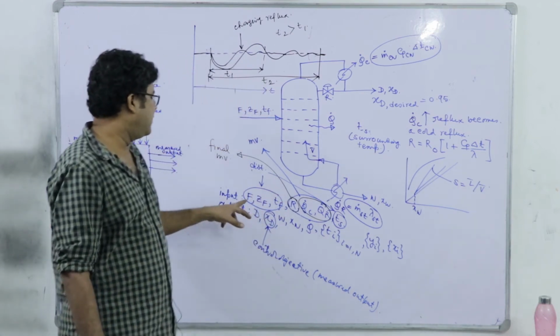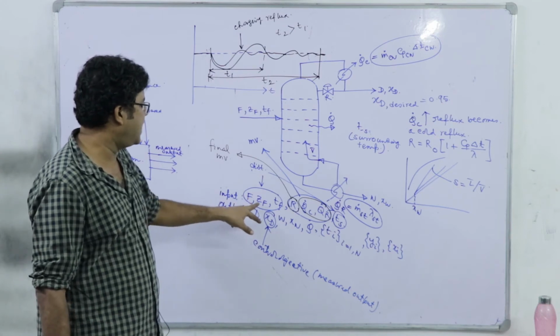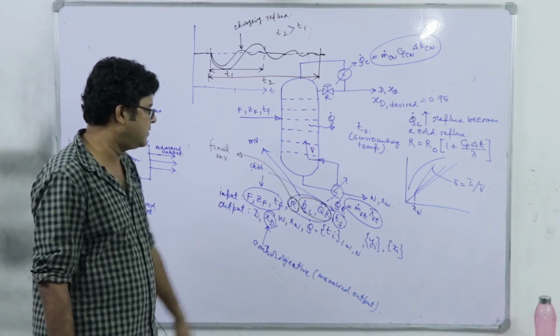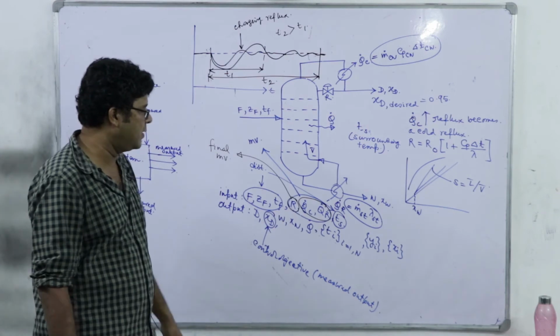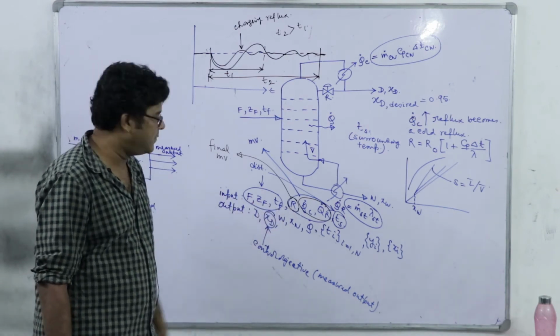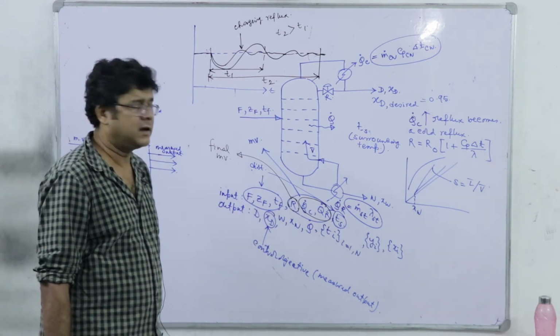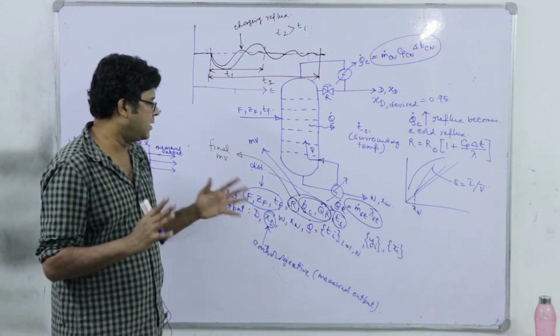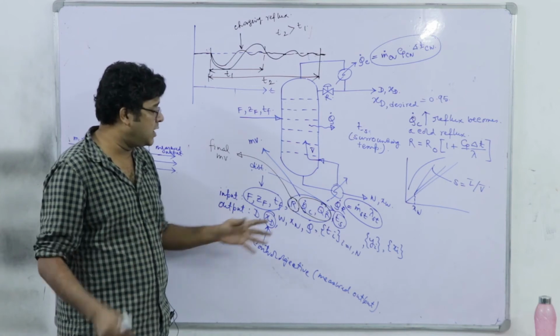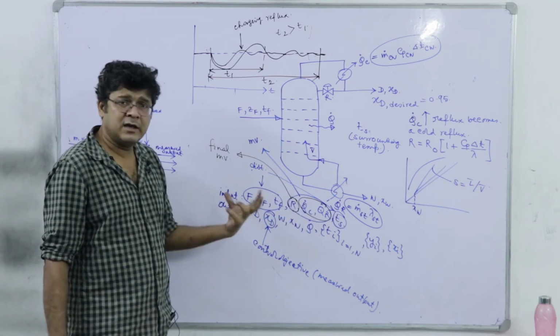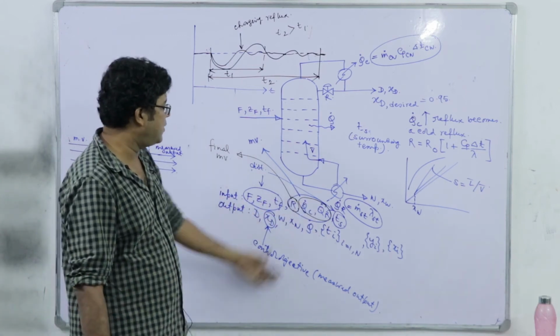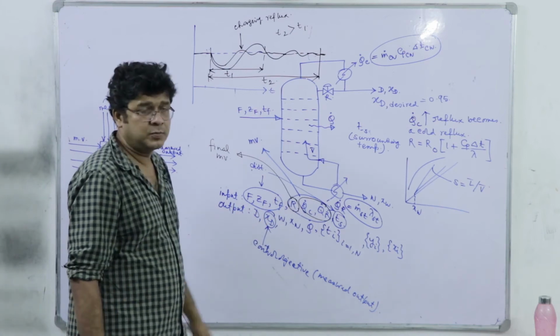So here finally we have to conclude that F, ZF, TF are the disturbances, TS is also a disturbance, R is my manipulated variable, Q̇C, Q̇R are constant parameters in an ideal control paradigm, right. Otherwise, if I am unable to keep Q̇C and Q̇R constant at the design value, they will pass into the disturbance group.